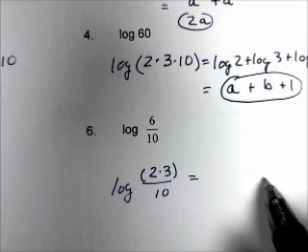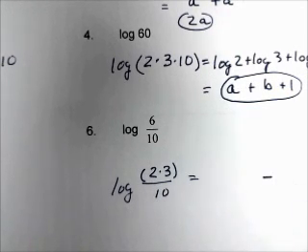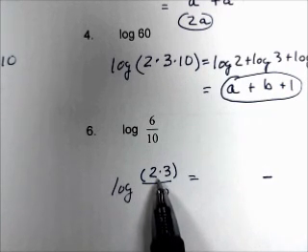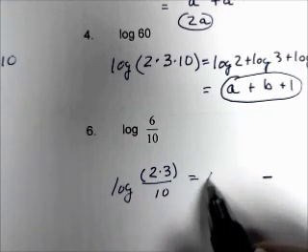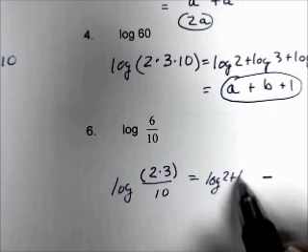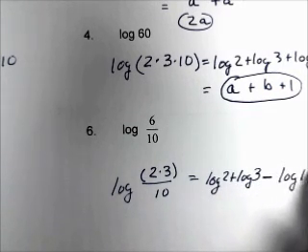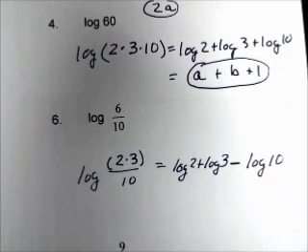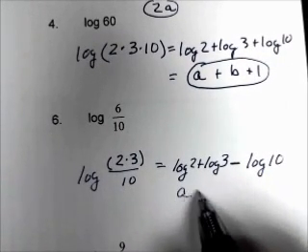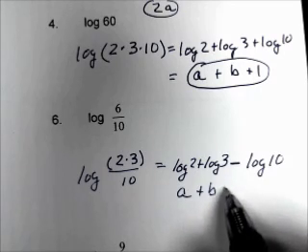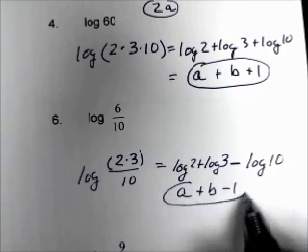Division expands to subtraction, and we have multiplication here that will expand to addition. So this would be log 2 plus log 3, subtract log 10. Log 2 is A, log 3 is B, and log 10 is 1. So A plus B minus 1.